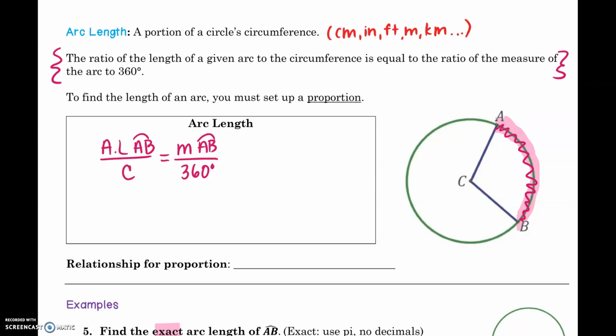So the relationship for this proportion is part to whole. We have the arc length, which is part of the circumference, and then we have the arc measure, which is part of the 360 degrees in a circle. So whenever we have these problems where we're trying to find the arc length, we're always going to set up a proportion and then solve.